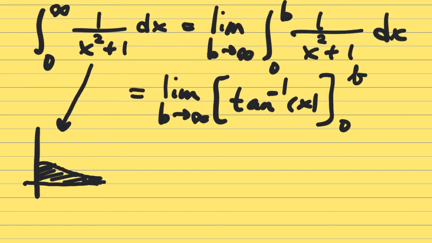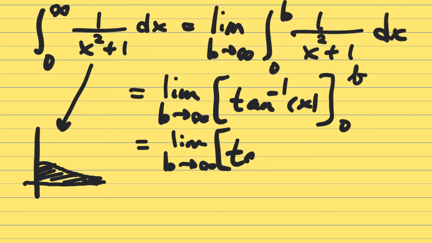It's unbounded because there's an asymptote on the x-axis, but it's possible that there's a finite area, believe it or not. Okay, applying the fundamental theorem of calculus, tan inverse of b minus tan inverse of 0.